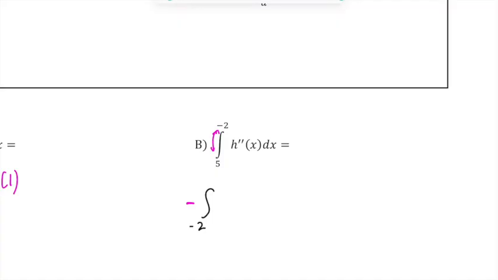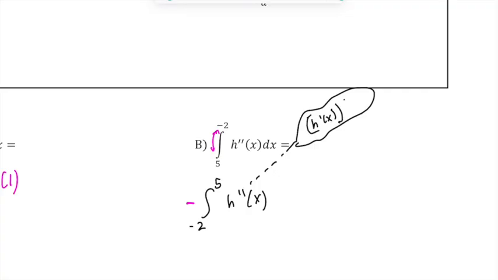So this would be negative, integral from 2 to 5, of h double prime of x. This is a double prime, so think of this as h prime of x, and then prime again. Think of it like that. So the integral is going to cancel out this prime, and I'm left with the single derivative.